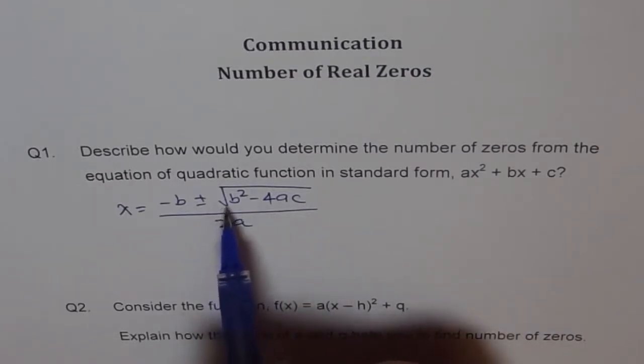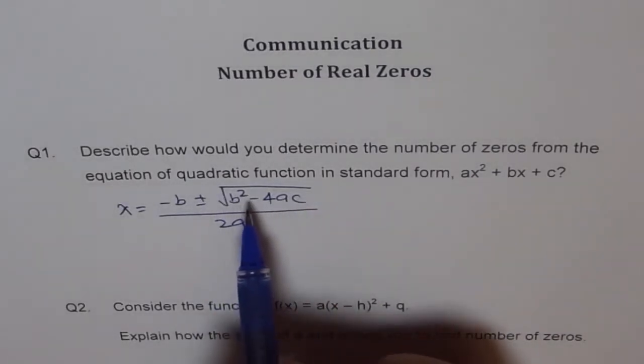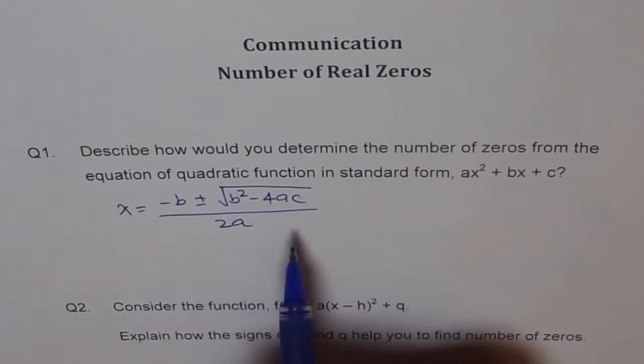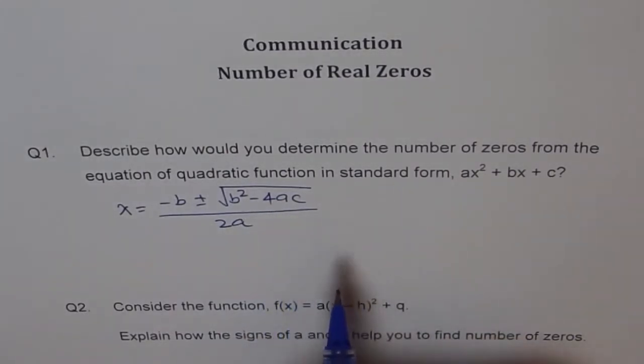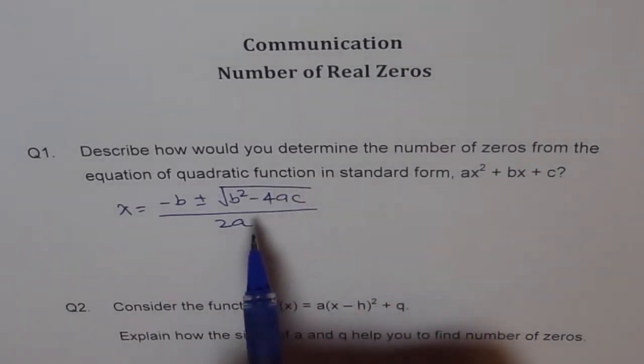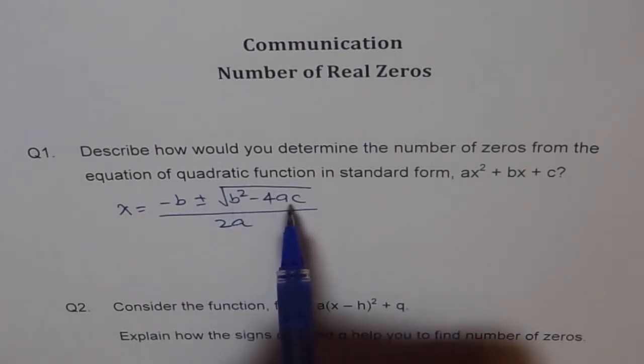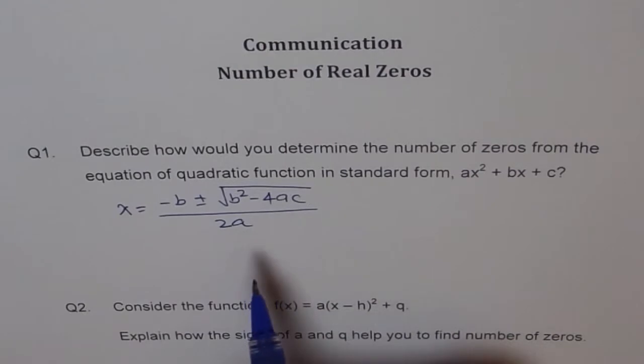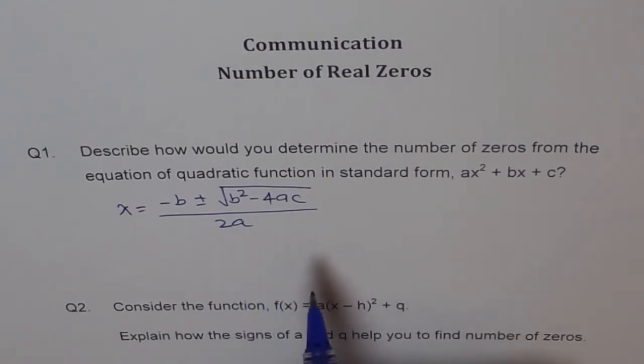Now under the radical we have b squared minus 4ac. This is called the discriminant. We normally write capital D for it, okay? It means b squared minus 4ac. Now, if this b squared minus 4ac is negative, then under the radical we have a negative number, and in the set of real numbers we really don't have any solution for the square root of a negative number, right?